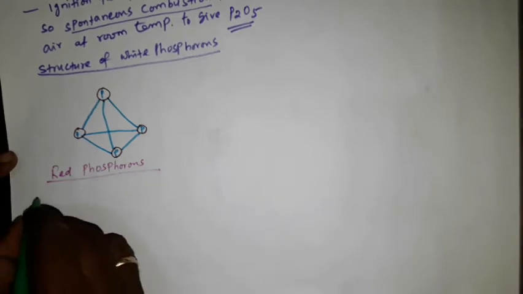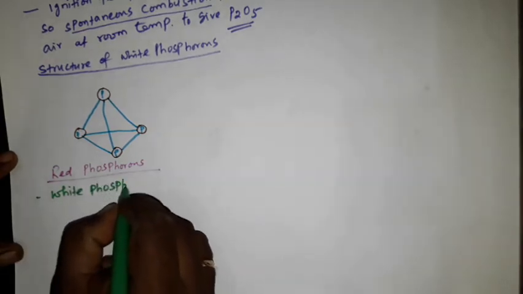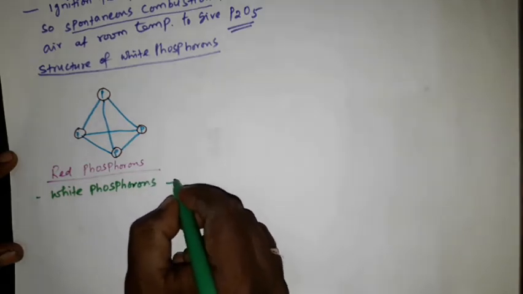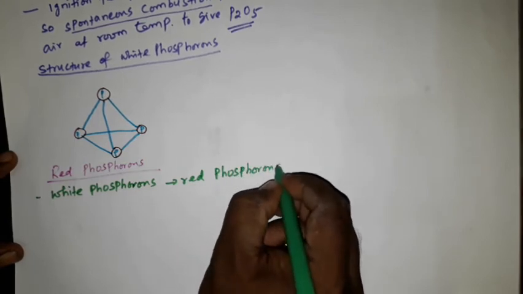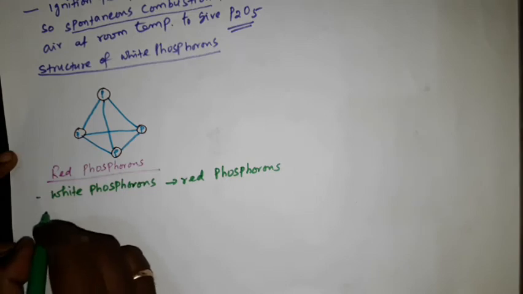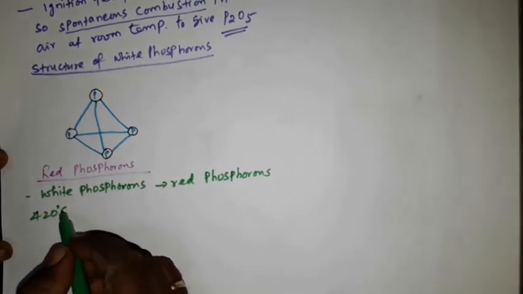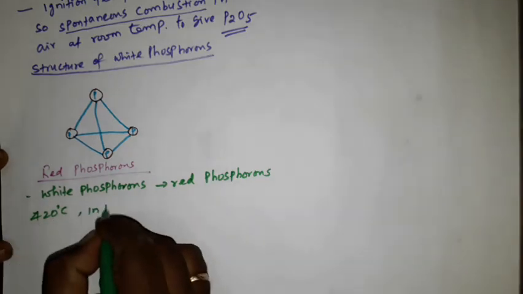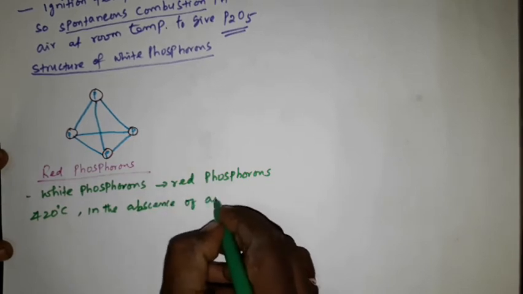White phosphorus can be converted to red phosphorus by heating that white phosphorus to around 420 degrees Celsius in the absence of air and light.